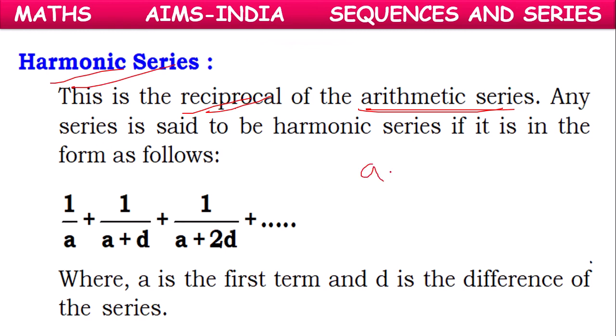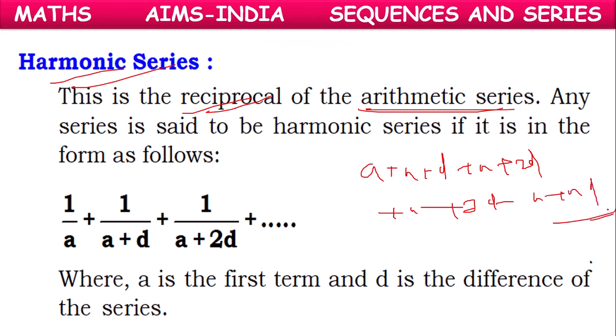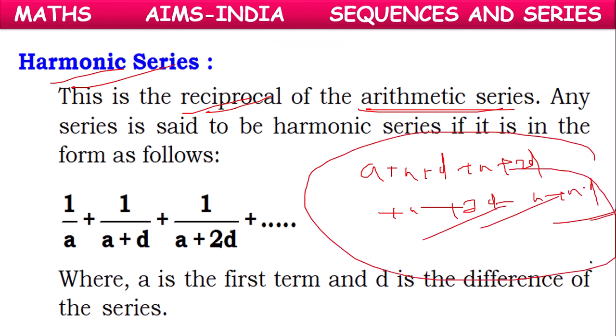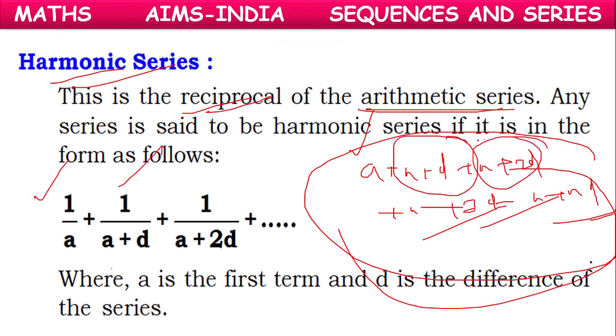Suppose we have an arithmetic series in this form: A, A plus D, A plus 2D, A plus 3D, and so on, up to A plus ND. For the reciprocal, we have to take the reciprocal of each and every term. For A, 1 by A. For A plus D, 1 by A plus D. For A plus 2D, 1 by A plus 2D.